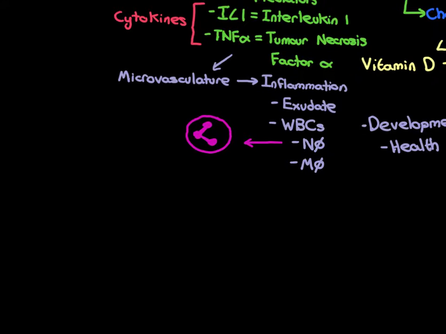They're a very basic cell, and the way that they can attack pathogens is that they can eat them effectively. They can engulf them inside and break them down, and that process is known as phagocytosis, and I will just draw a little picture of the basic idea of phagocytosis. So they can phagocytose pathogens.